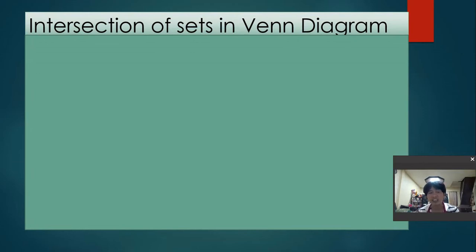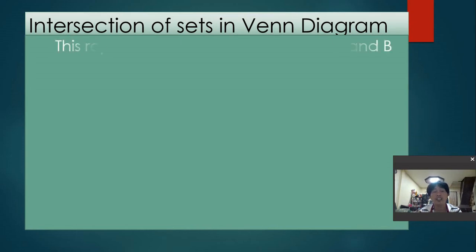How is intersection of sets in a Venn diagram? If you had not forgotten how union of sets looks in a Venn diagram, then you could differentiate intersection of sets and union of sets in a Venn diagram.